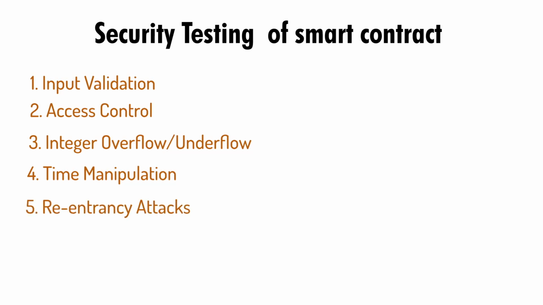Re-entrancy attacks. Test the scenarios where an attacker attempts to exploit re-entrancy vulnerabilities by repeatedly calling a contract function within a single transaction. Verify that the contract implements appropriate safeguards, such as using the checks-effects-interactions pattern or using mutex locks, to prevent re-entrancy attacks.